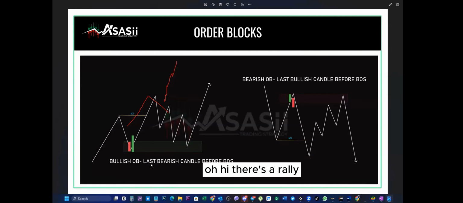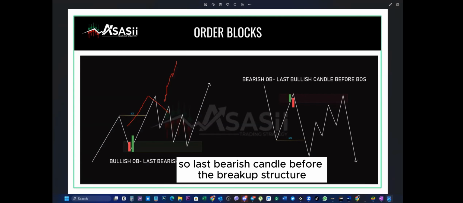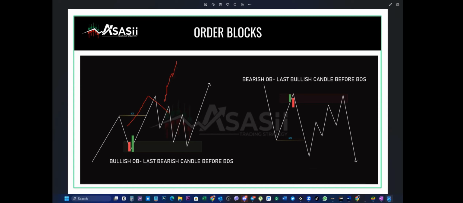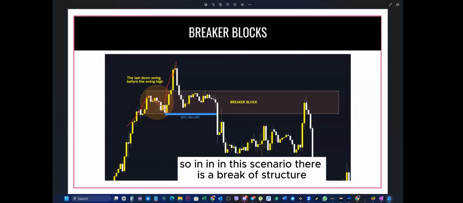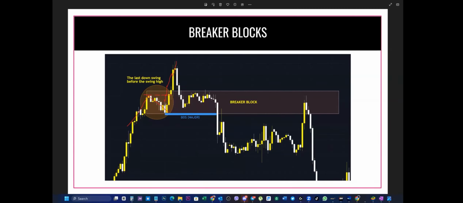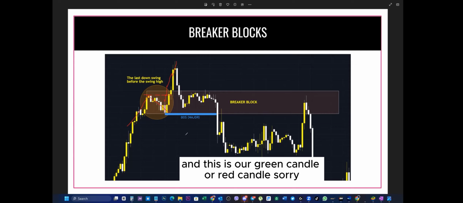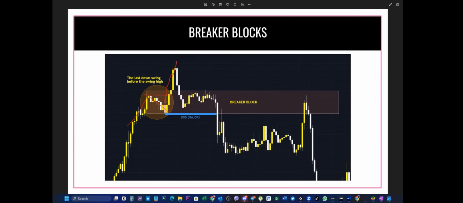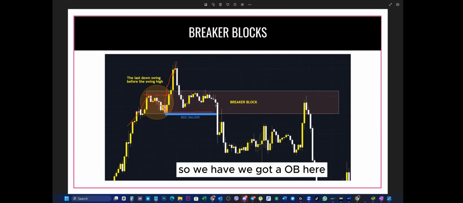Okay, there's a rally. So, last bearish candle before the breakup structure. So, in this scenario, there is a breakup structure. And this is our green candle or red candle. Sorry, it should be a red candle. So, we got an OB here.